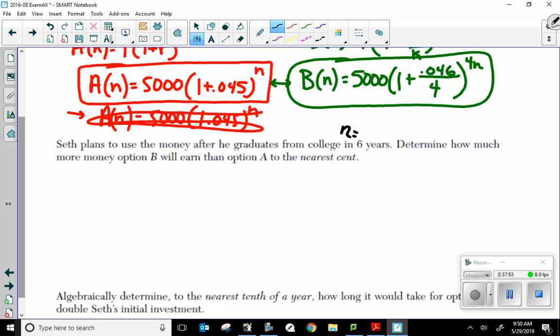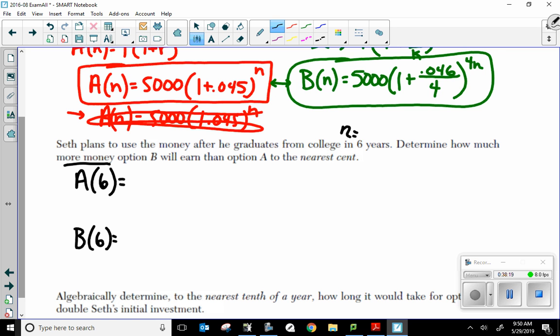So I need to find out what A of 6 equals, and I need to find out what B of 6 equals. But that's just not my answer. They want to know how much more money B will earn. You should have more money in B when you're done. If you don't, you've done something wrong. When you have those two values, subtract them because we want to know that difference, to the nearest cent.